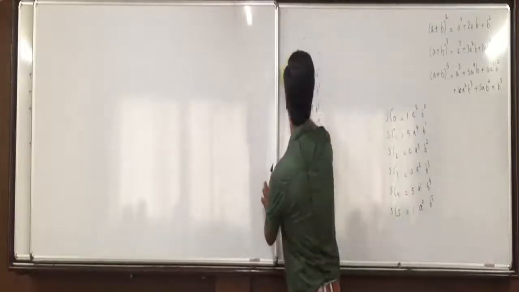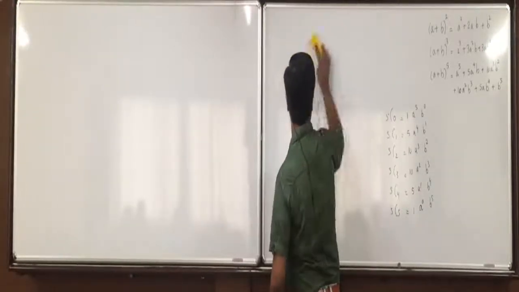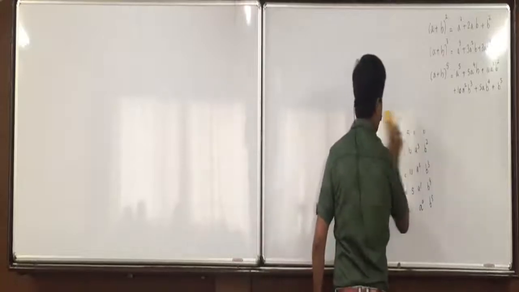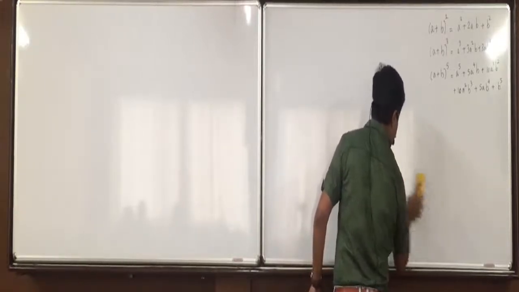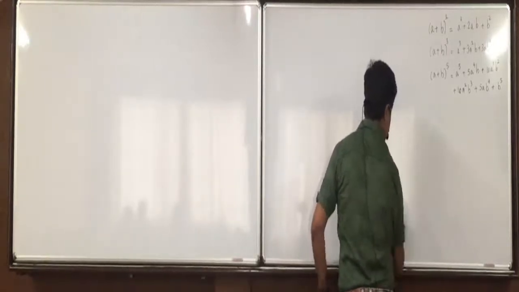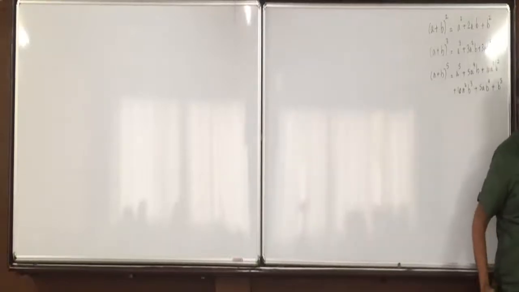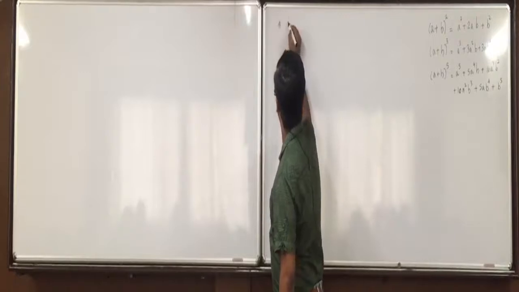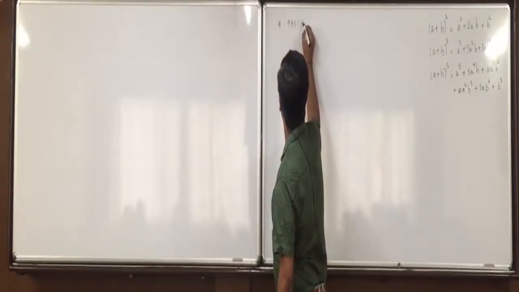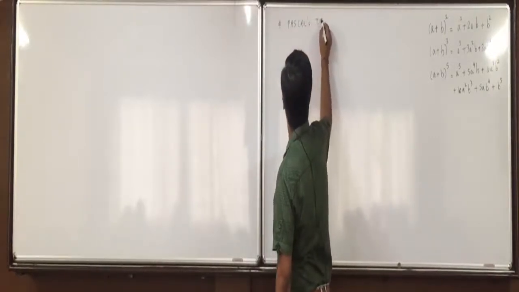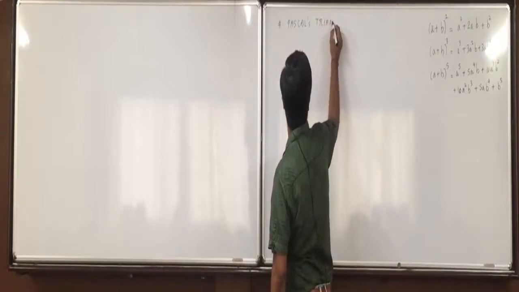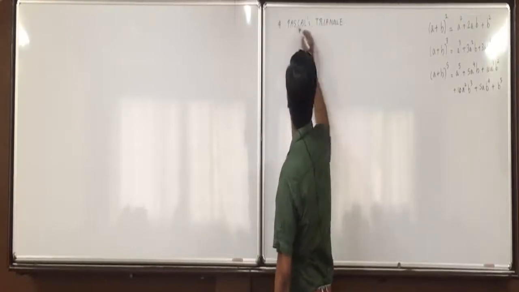So there is a shortcut to remember this. Understand that? This shortcut is called Pascal's triangle. Pascal, not Rascal. Pascal's triangle.